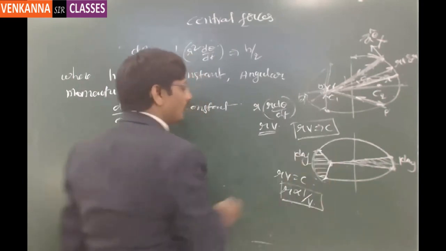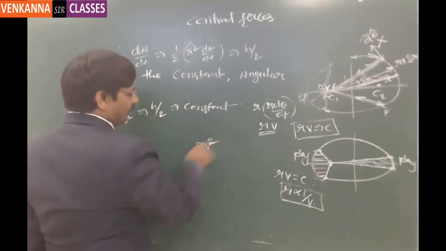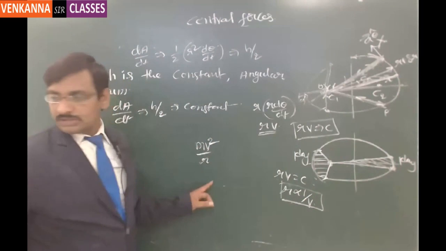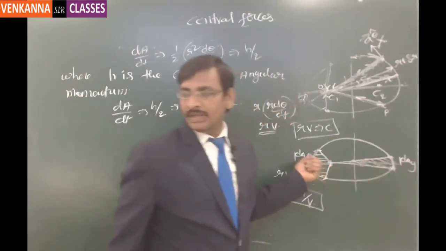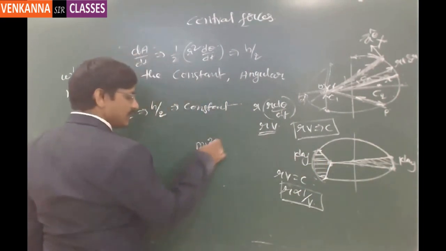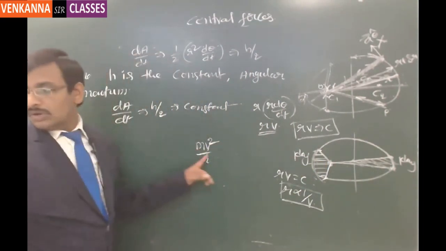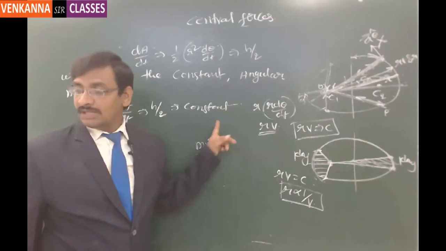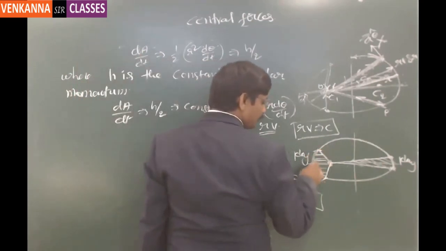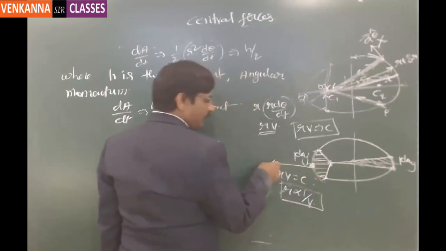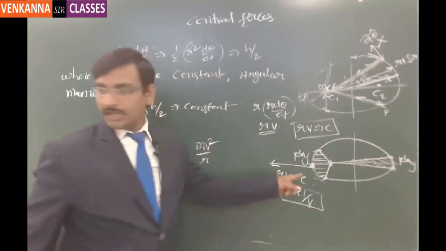The centrifugal force is nothing but mv square by r. And this has to be balanced by the attraction towards the sun. The centrifugal force is mv square by r. So if the velocity is more, then the centrifugal force is more. Here, if the planet is at this location, the centrifugal force is trying to take it away from the orbit.